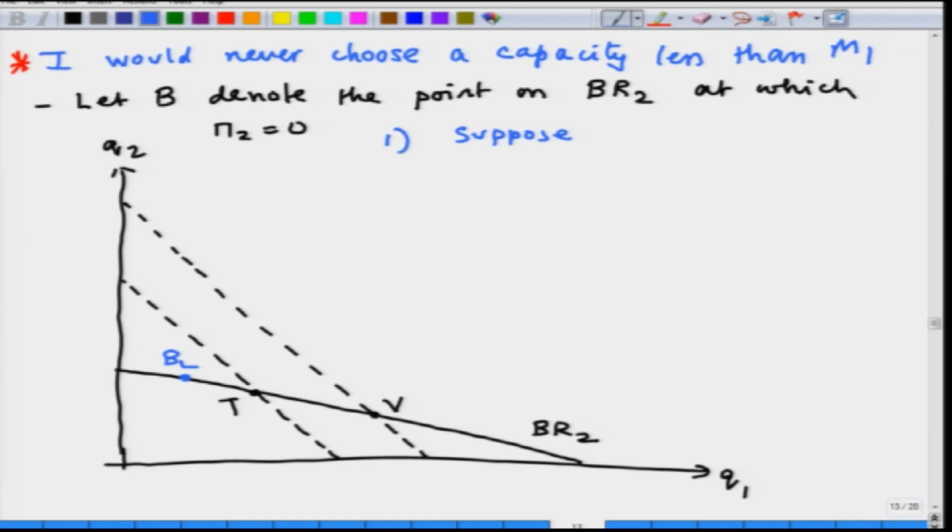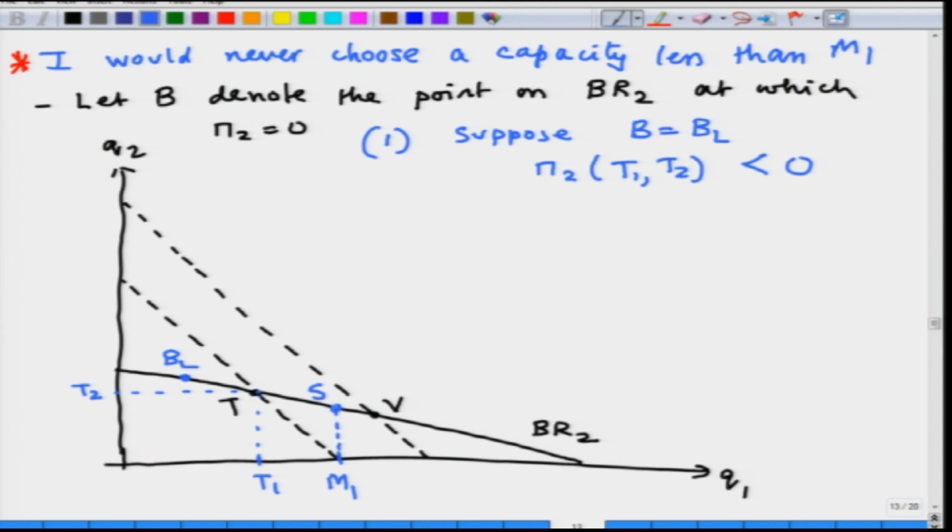So, this is case 1. Suppose B is a point like BL where firm 2's profit has become 0. Essentially, it tells us that firm 2's profit at T1 T2 is strictly less than 0. So, this is T1, this is T2, and this is my monopoly output M1, which is also the Stackelberg output S.